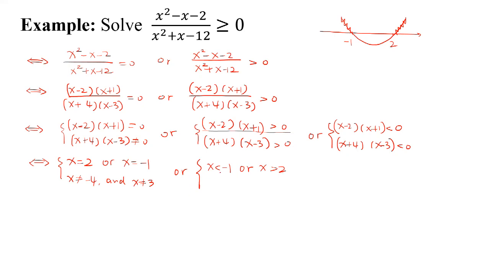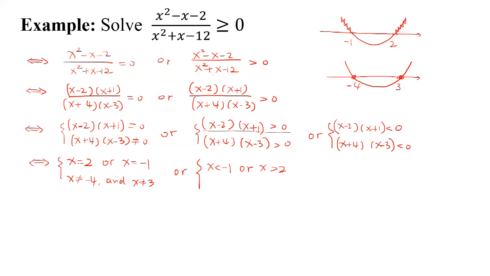Okay, now let's consider the second one. Also here we consider the quadratic function on the left-hand side. There are two zeros. One of them is minus 4. The other one is 3. And the leading coefficient is 1, which is greater than 0, so it opens up.